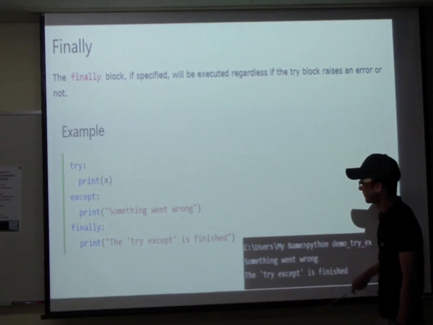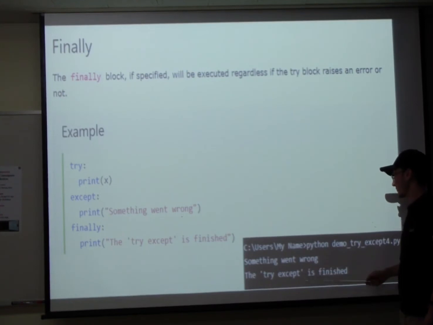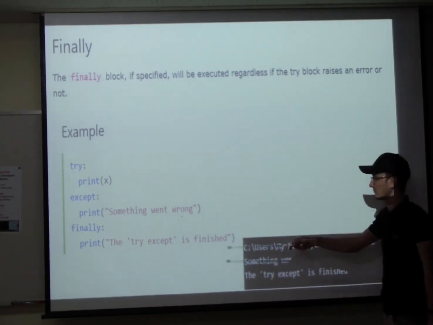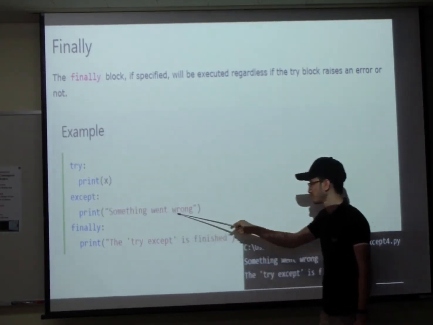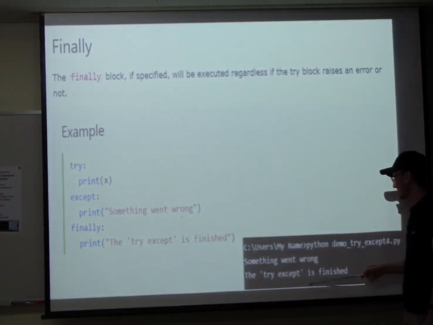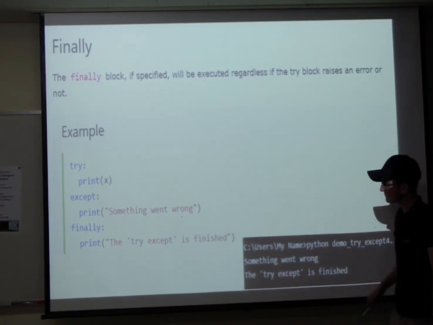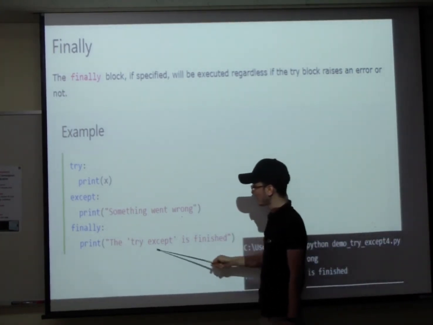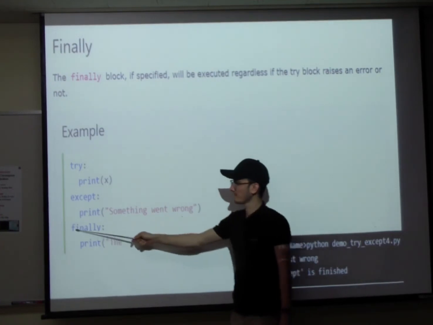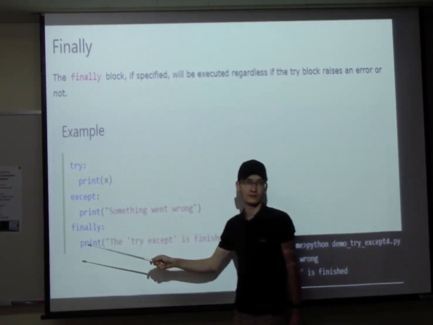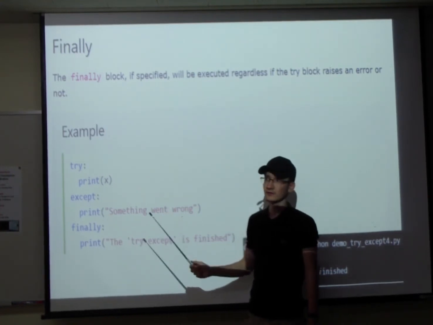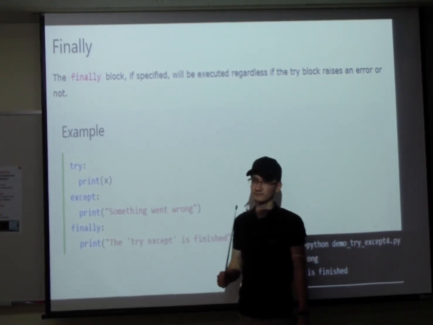So if we run this program, we will have something went wrong, yeah, because we have error. This except block is working, and the try except is finished. So finally block will always work, always. This is not the same with else.